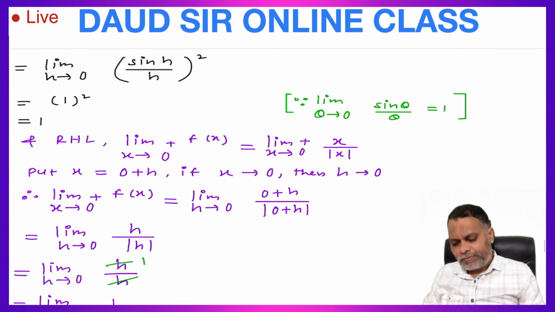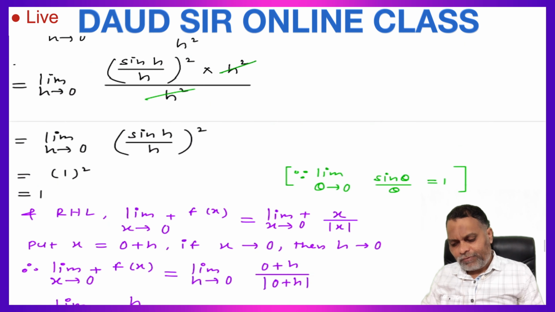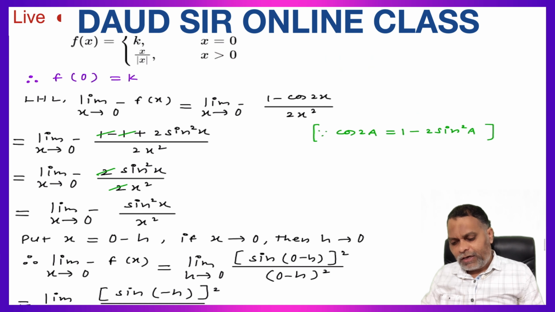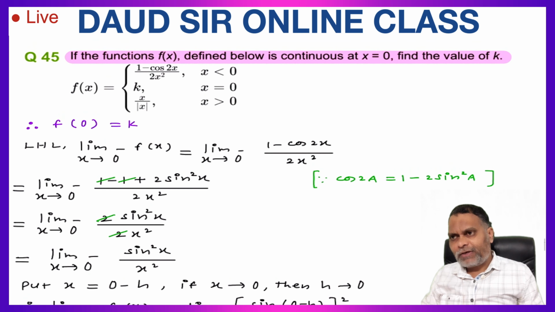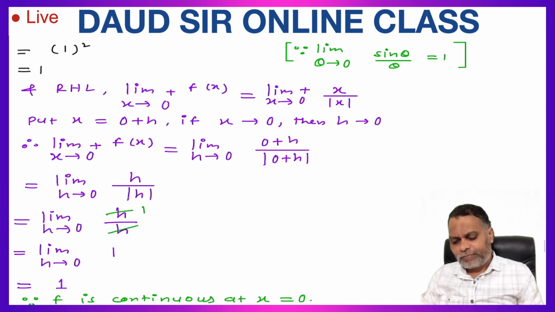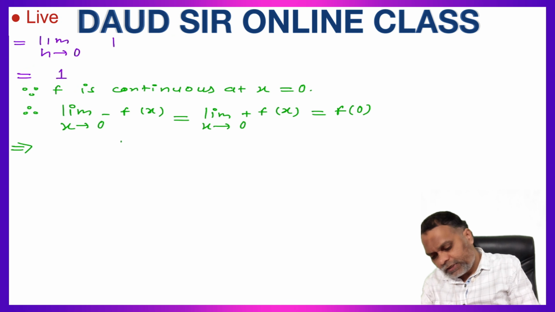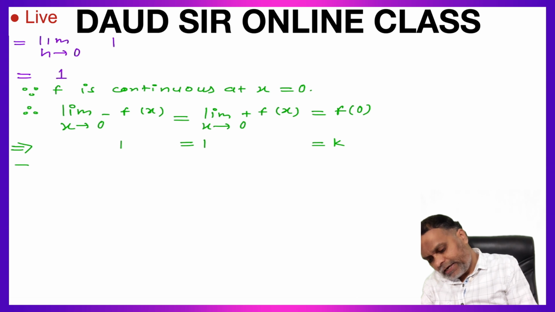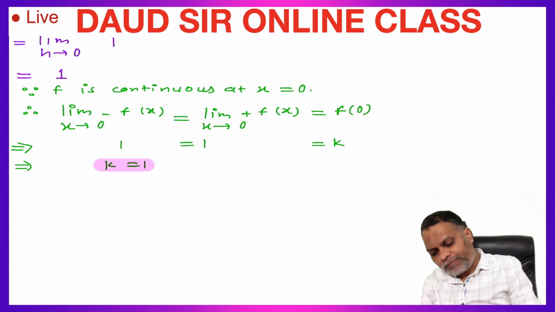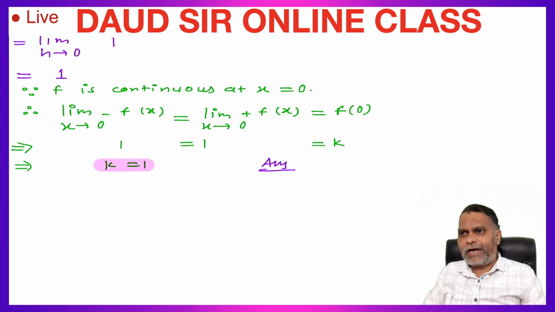Left hand limit 1, right hand limit 1, and the value of function at x is equal to 0 is k. So this is 1, and it is k. So we can take k is equal to 1. This is the required value of k for which the given function is continuous at x is equal to 0.